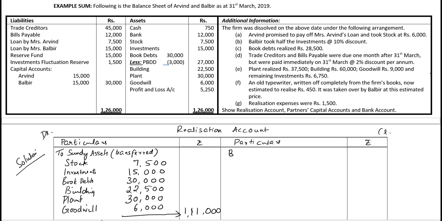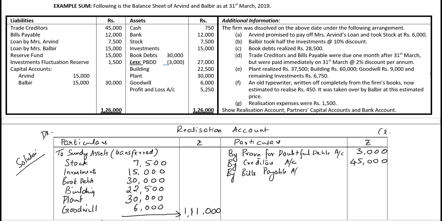The credit side of the realization account, we'll begin with the provision for doubtful debts. 3,000 rupees. By creditors account, 45,000 rupees. By bills payable account, 12,000 rupees.